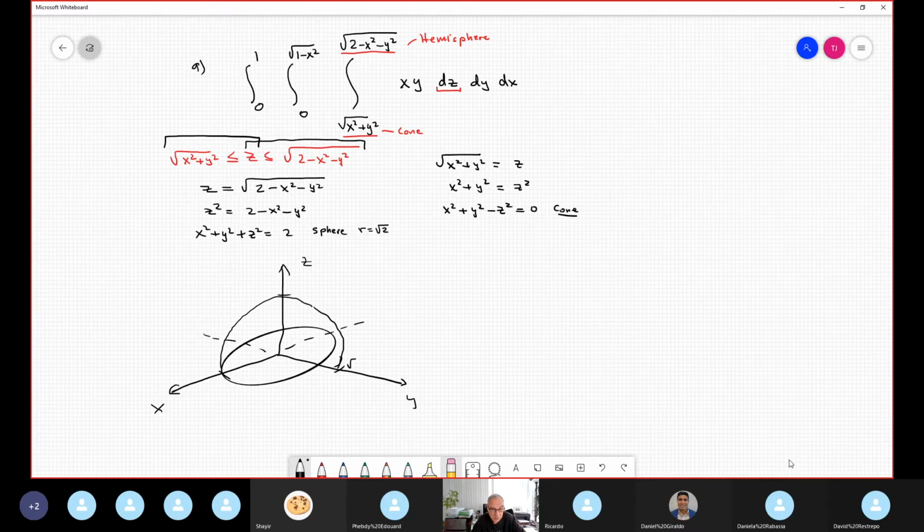So this distance is radical 2, this distance is radical 2, this distance is radical 2, and this distance is radical 2. And we have a cone, and the cone is like that. And the intersection between the cone and the hemisphere, which we computed before, is something like that. It's a curve.